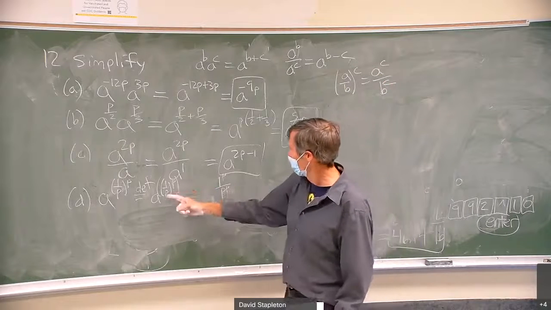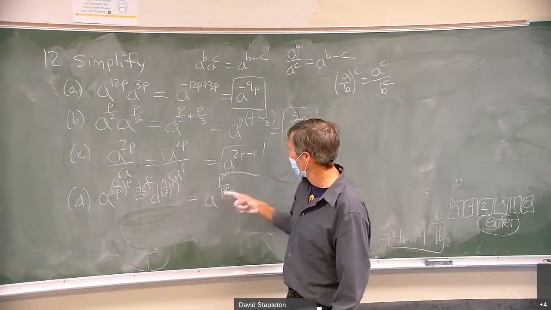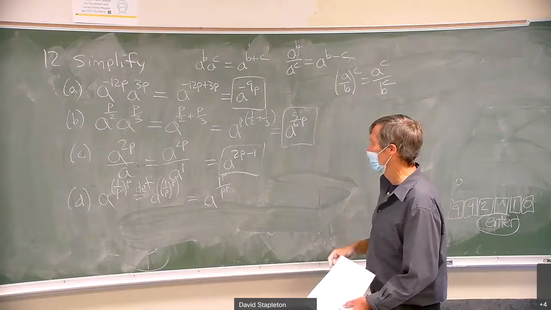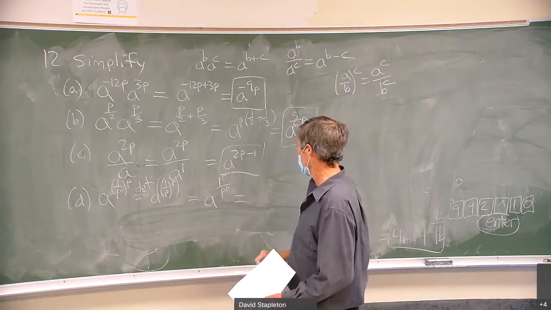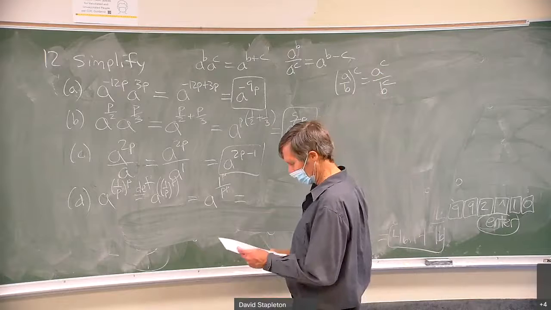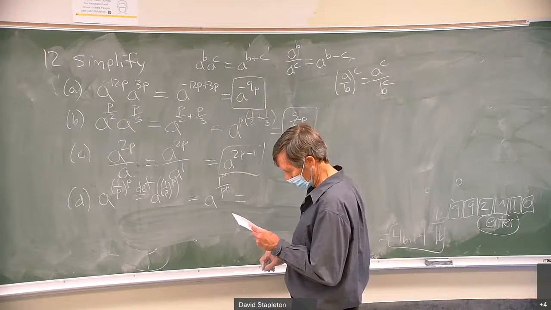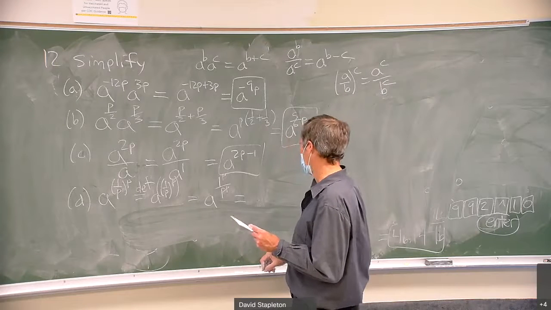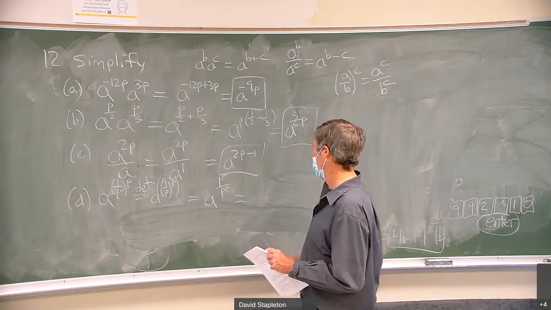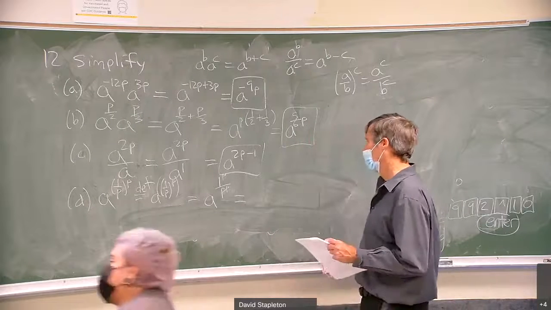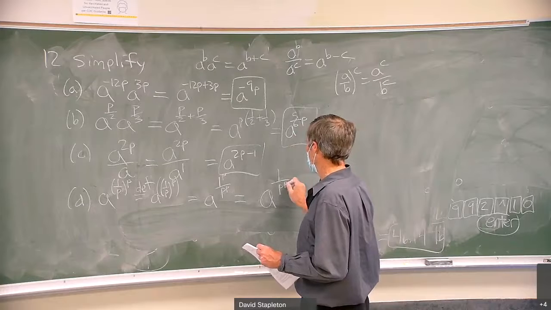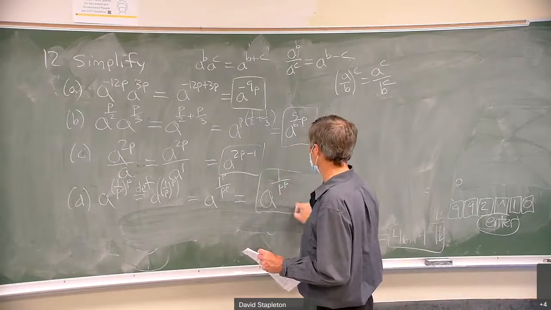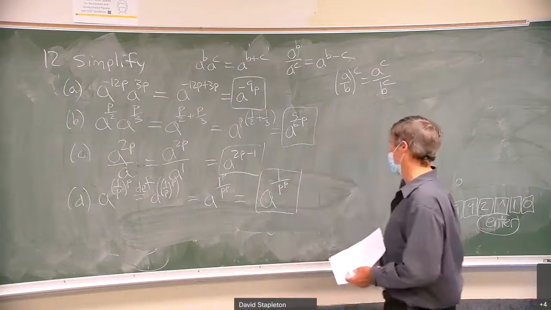So I'll take 1 to the p over p to the p using this property. So I write that as a to the 1 over p to the p. And that's about as simply as I want to write it, like that.